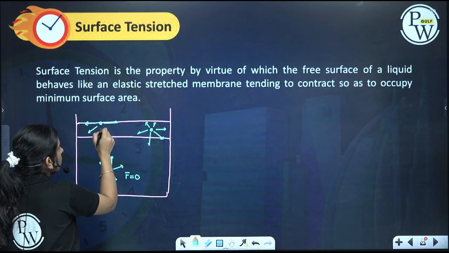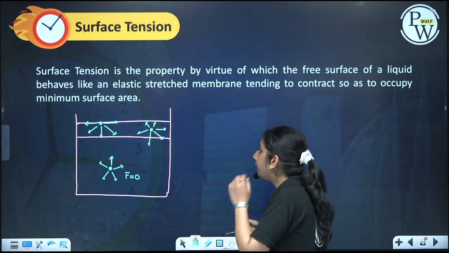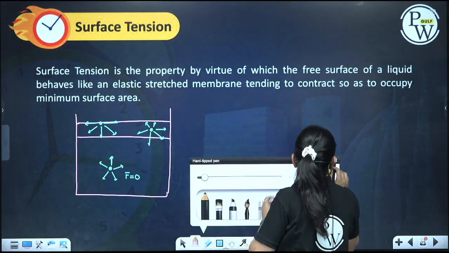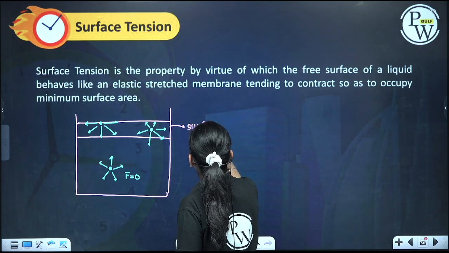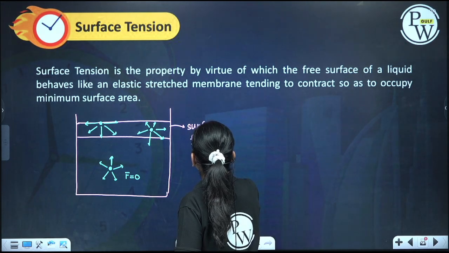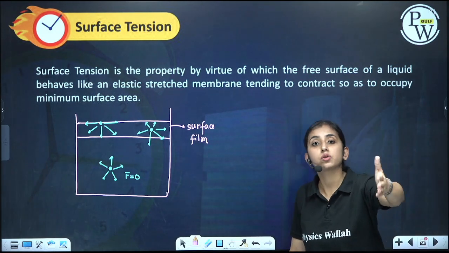Similarly, a molecule on the surface has the maximum downward force. This layer is called the surface film, which has thickness equal to the molecular range. Molecular range is the distance up to which a molecule can exert a force of attraction on other molecules.